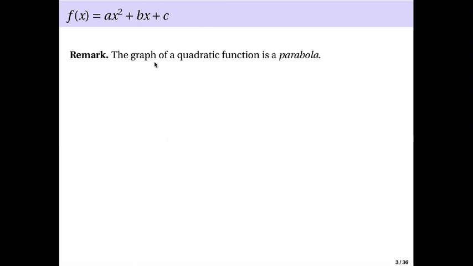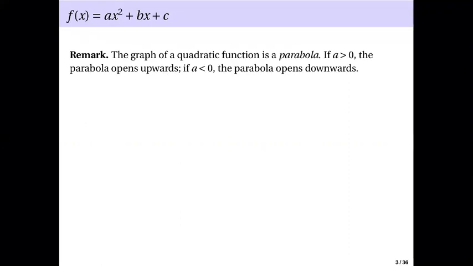For the quadratic function, we'll get a parabola. So if a, the coefficient of x squared, is greater than 0, the parabola opens upwards. If a is less than 0, the parabola opens downwards.